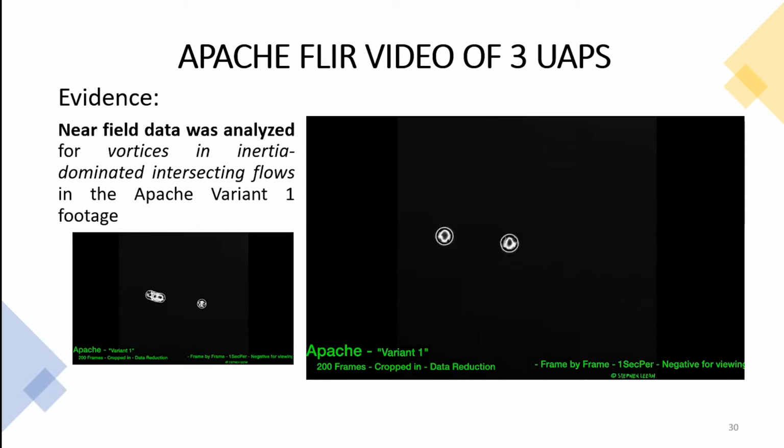So now what's going on here is you'll notice that we have 200 frames. They're cropped. You'll see the little white circles around each of the data points. That shows where we've basically excluded the data outside there. We've also inverted it, so in the little circles is an actual negative of what you would see.